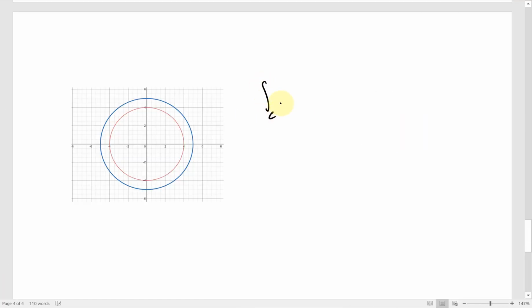So we're looking at a line integral on a curve C that is the boundary of this region between these two circles, of y cubed dx minus x cubed dy.